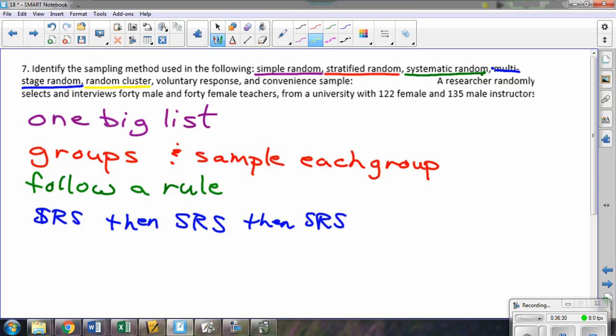Random cluster is easy to get confused with stratified because they both split people into groups. But there's a big difference between them.